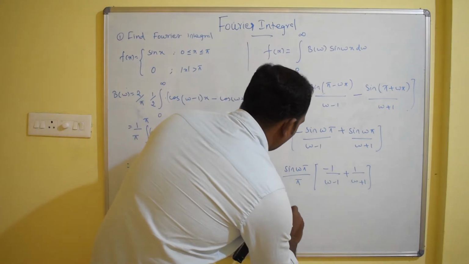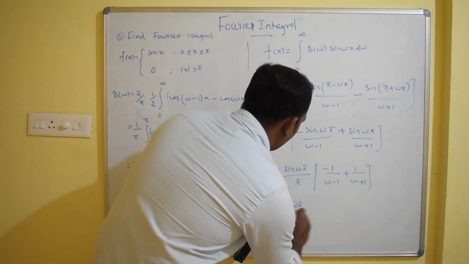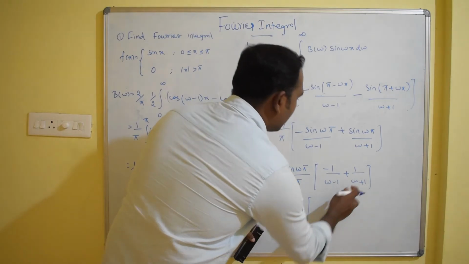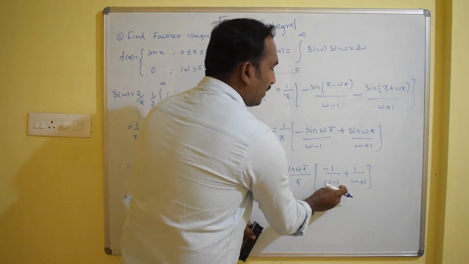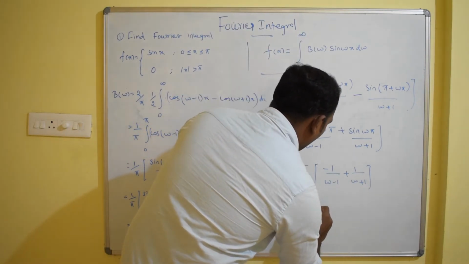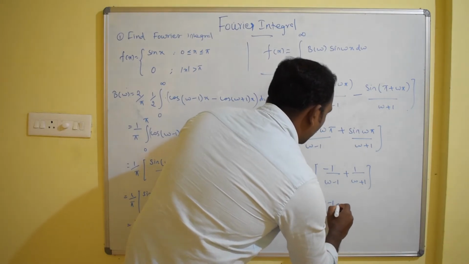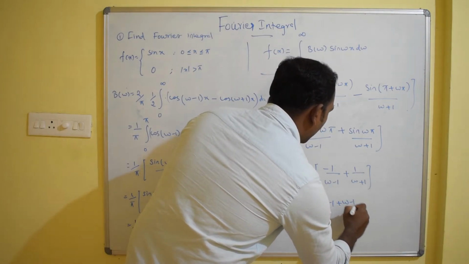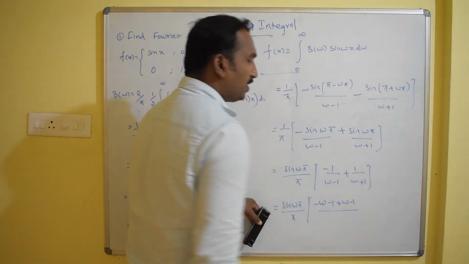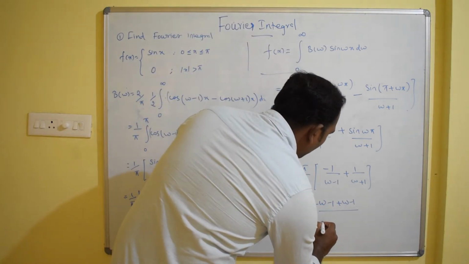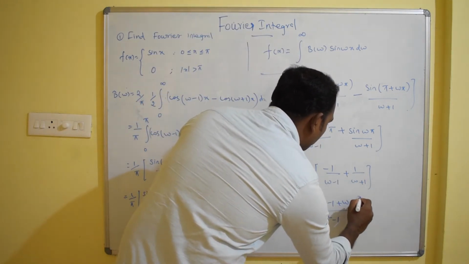This will give sin omega pi divided by pi into, so this will become the numerator minus (omega plus 1) plus (omega minus 1), divided by, since (a plus b) into (a minus b) will become a square minus b square.